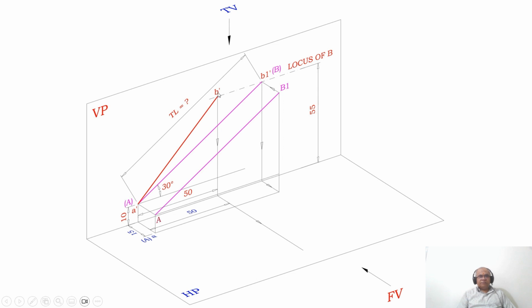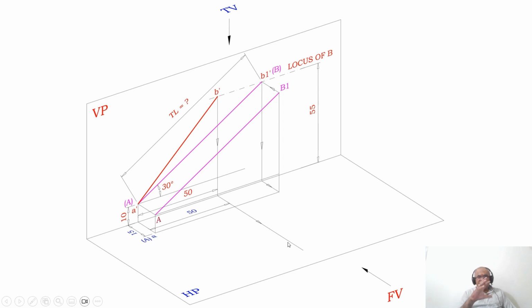You mark that point as b dash and join a dash and b dash with a dotted line. Similarly, in the top view, you already have the projector of A; from here you measure 50 mm and draw a vertical line, extended till the vertical plane so you can project this.